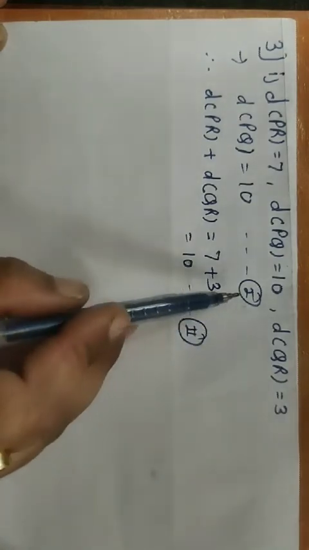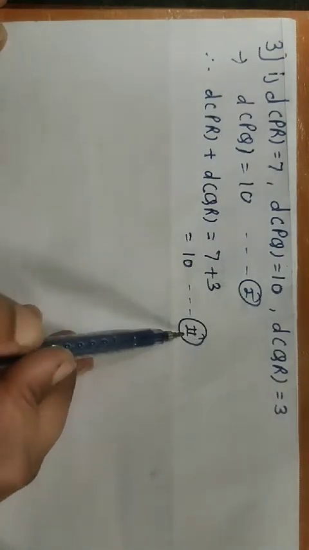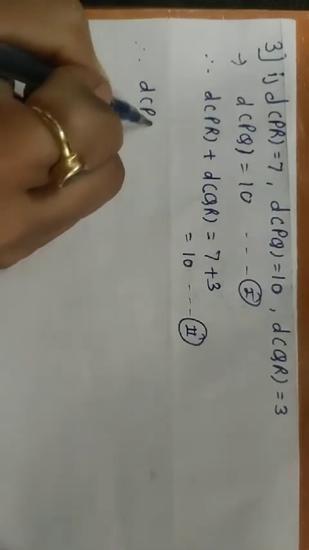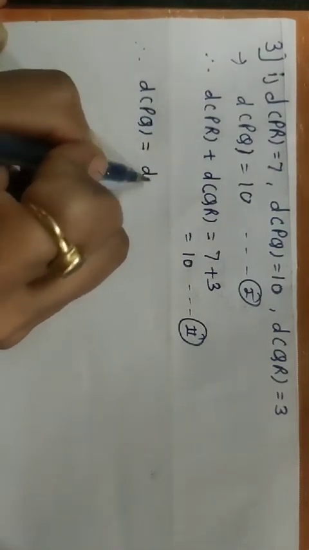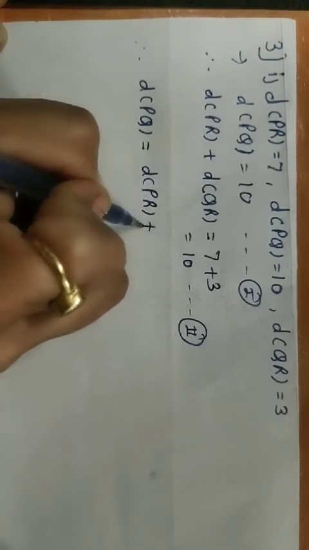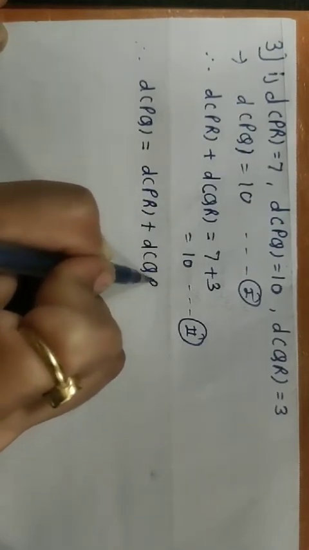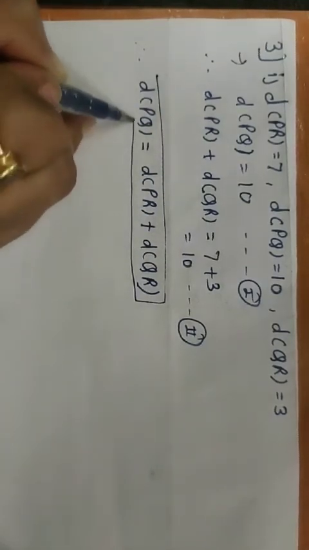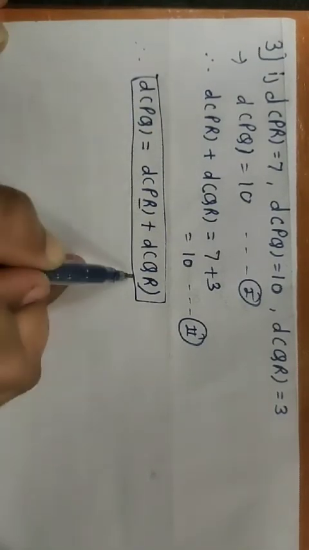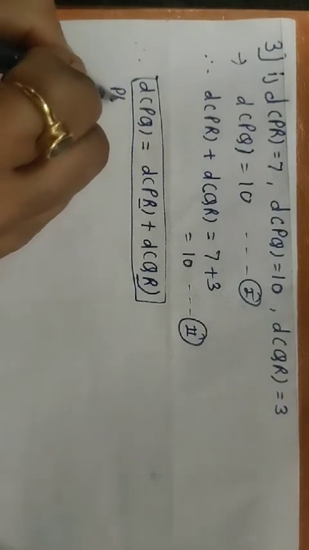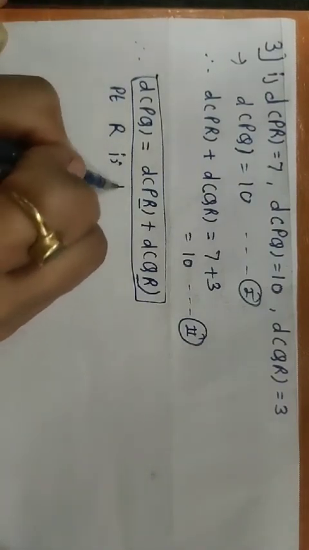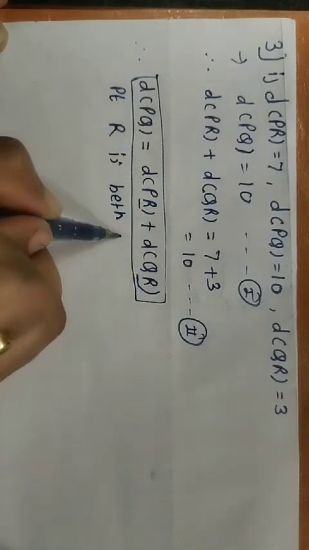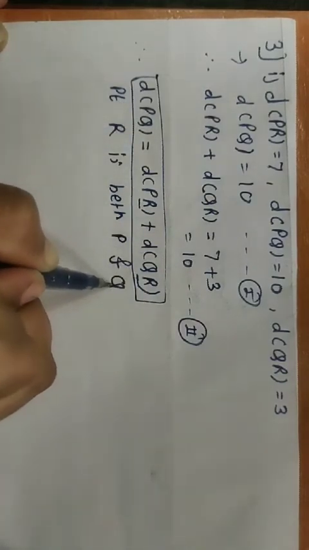Now see, from equation number first and equation number second, we get the relation: distance PQ is equal to distance PR plus distance QR. So we can say that point R is between point P and point Q.